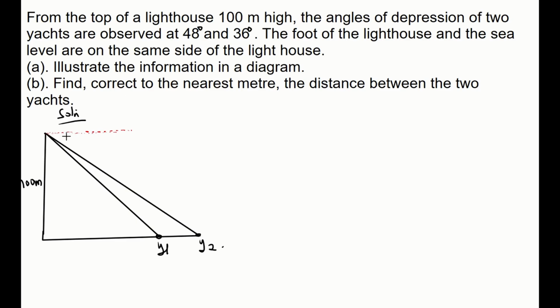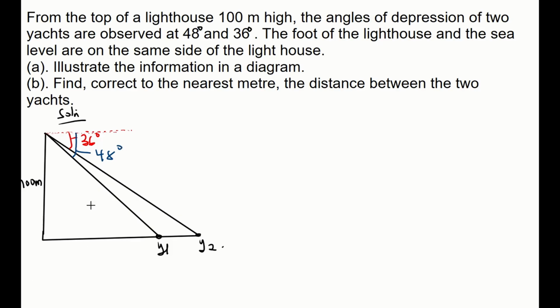That means the higher one, the one far away from the horizontal line, takes the 48 degrees, while the one shorter towards the horizontal line takes 36 degrees. So here becomes our 36 degrees. Then from the same horizontal line all the way up to the second line takes our 48 degrees.